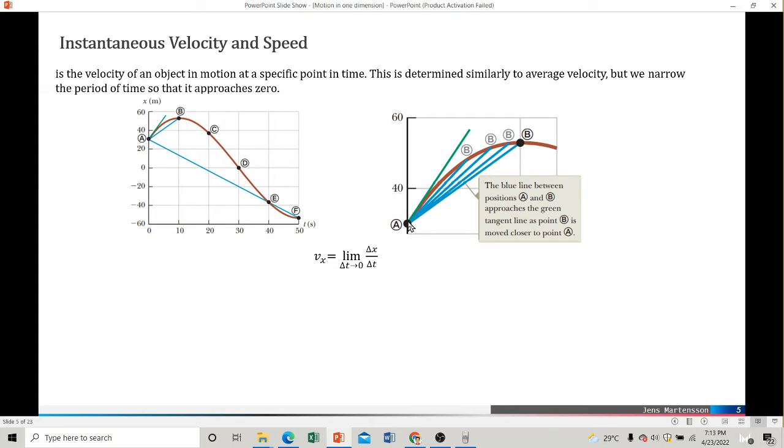So mo approach yun na siya into 0. So that's why we need to use the limit of a function. And this one, in calculus notation, this limit is called the derivative of x with respect to t, written in terms of dx over dt.